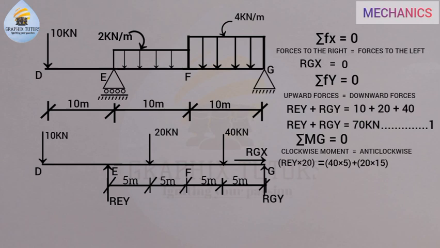And the last here at point D is the 10 kilonewton. The arrow is facing downward, so it's going towards this direction. You can see that. And when anything is going like this, it is anti-clockwise. So it will be the 10 times the entire distance from where the force is to G, that is 10 plus 10 plus 10, that is 30.